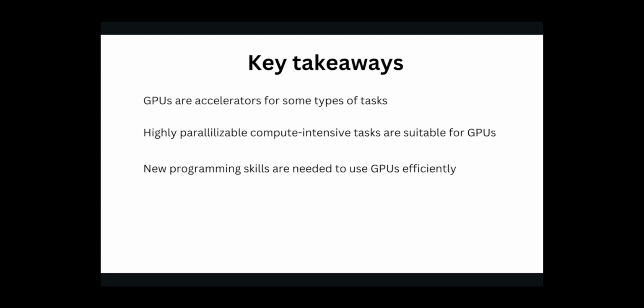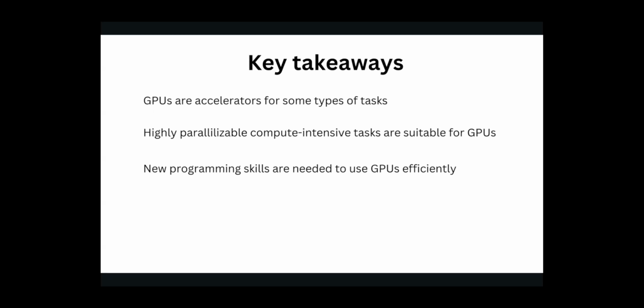The key takeaways of this initial part: we have GPUs, which are accelerators for some types of tasks. We need to understand what our task is. Highly parallelizable, compute intensive tasks are suitable for GPUs. If our task is highly parallel and requires a lot of computational power, then we should use GPUs.